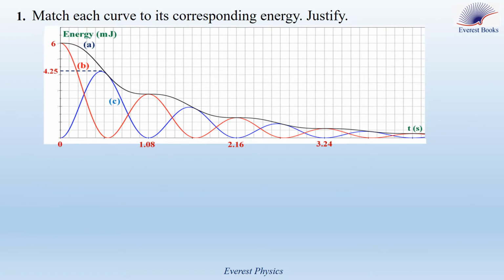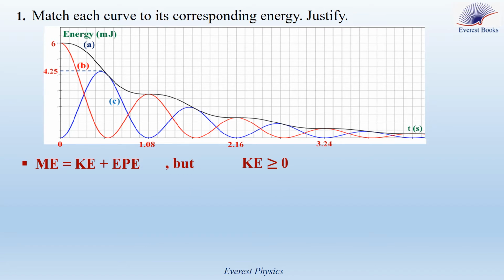Part 1. Match each curve to its corresponding energy. Justify. Let's start with curve A. The mechanical energy is equal to the sum of the kinetic and the elastic potential energies. We know that KE is equal to 1/2 mv squared, so KE is a positive quantity.